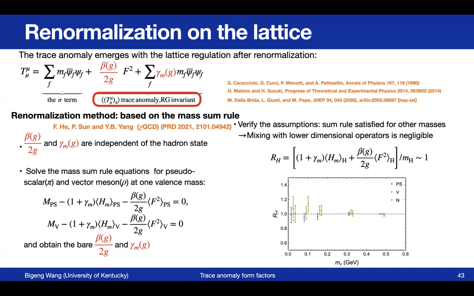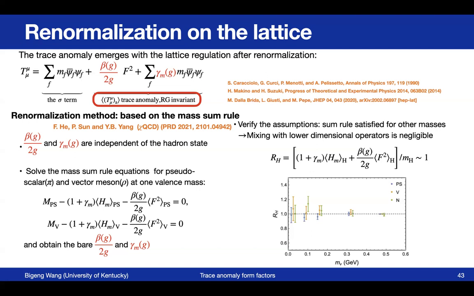I think you're adding a 4th systematic to my list of 3. I'm just trying to get these parameters. The summary was that there's not an MS bar scheme. It's just a lattice scheme. In the lattice scheme, we get beta over 2G and the gamma M, without complications from other operators mixing.